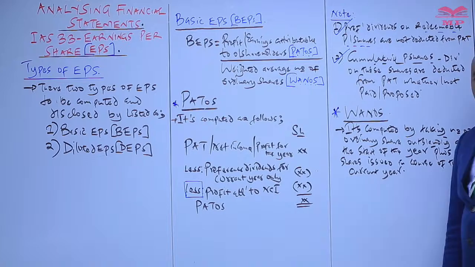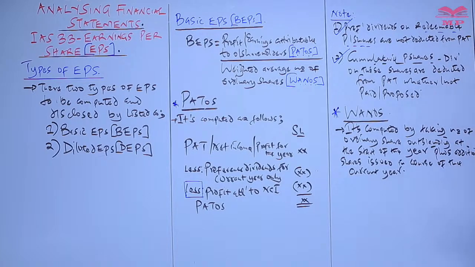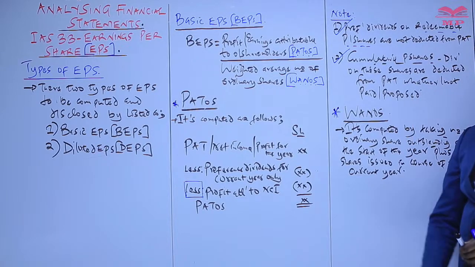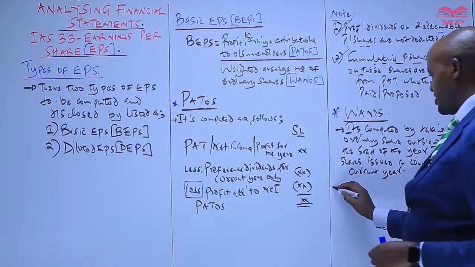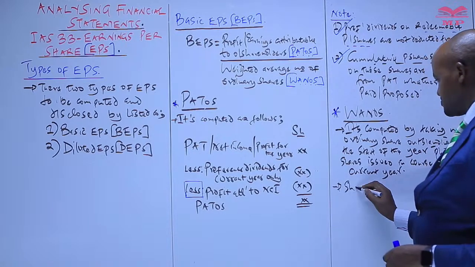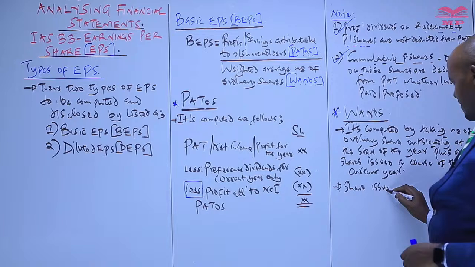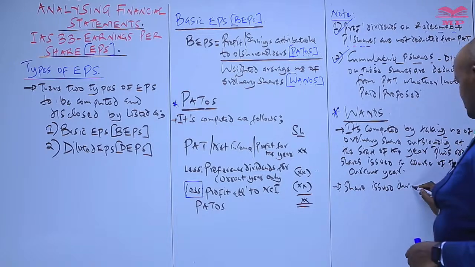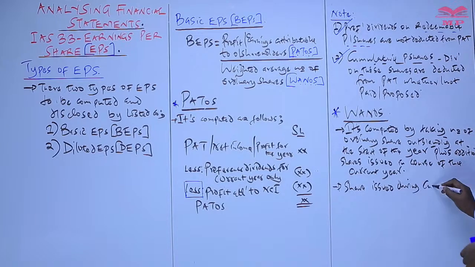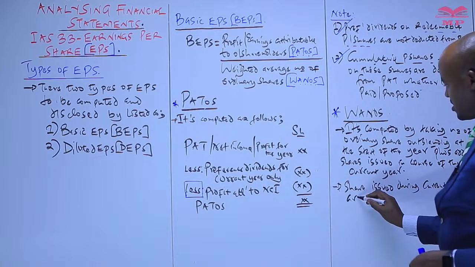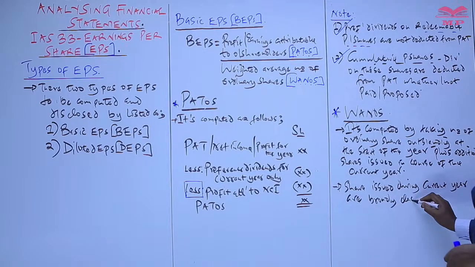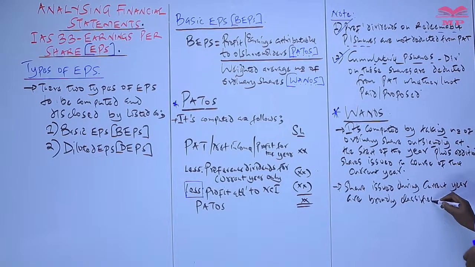But now, how do we treat those particular shares which are issued during the current year? First of all, the shares which the company issued during the current year, we broadly classify into two categories.